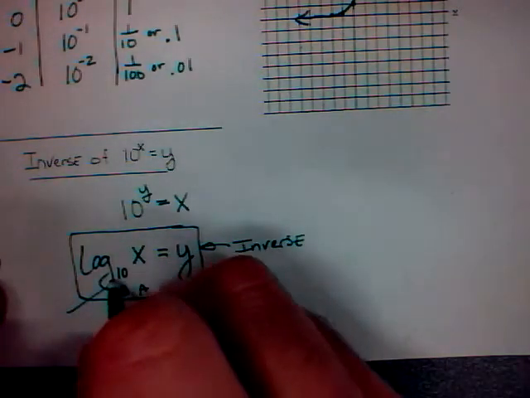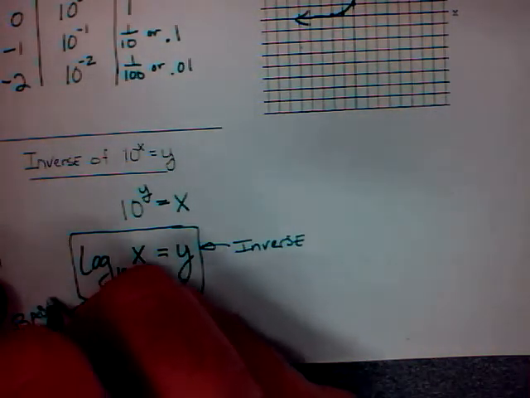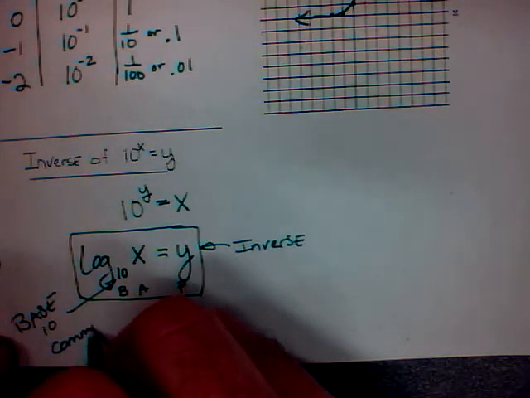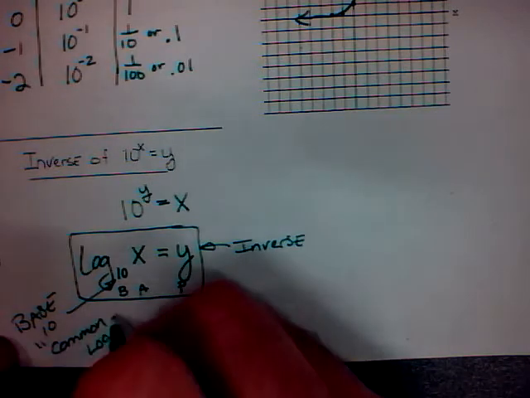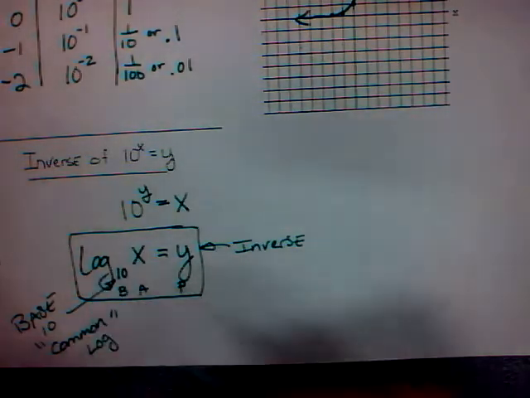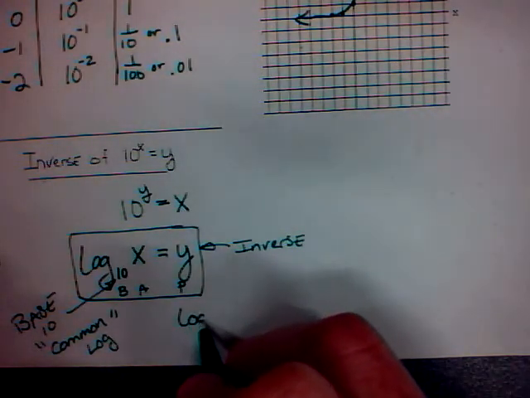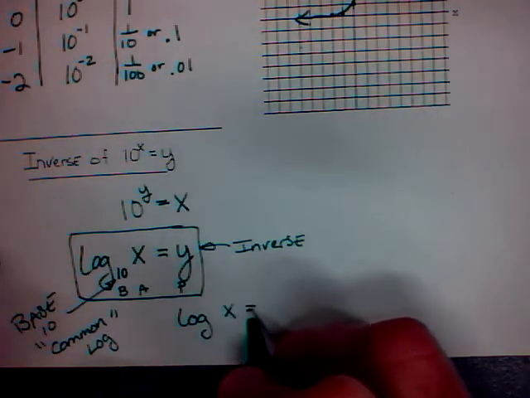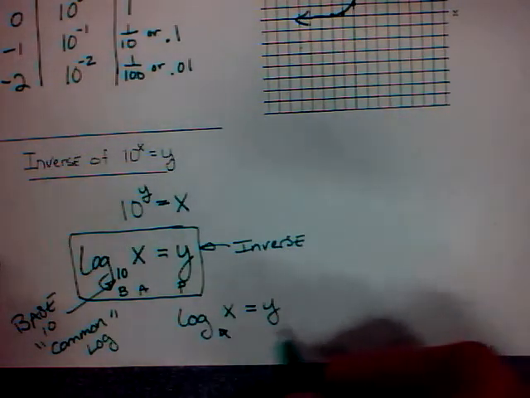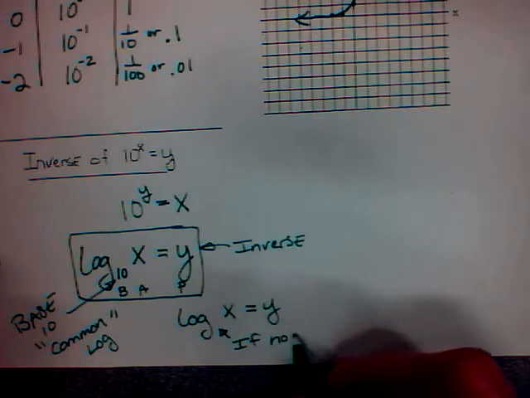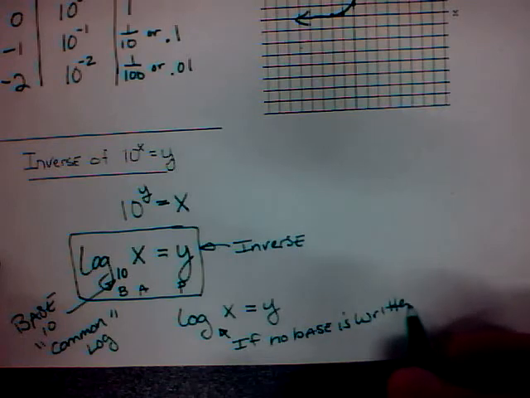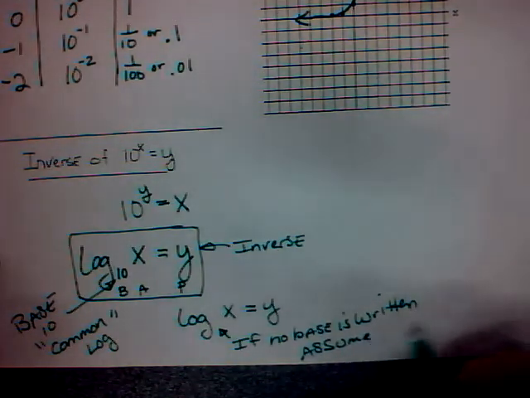And because our base here is 10, a log with a base 10 is called a common log. And if you have a log with a base 10, it's assumed to be base 10, so you don't need to write the base. So if no base is written, assume base 10.